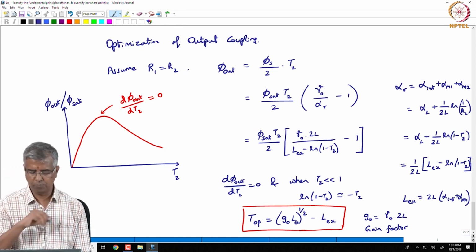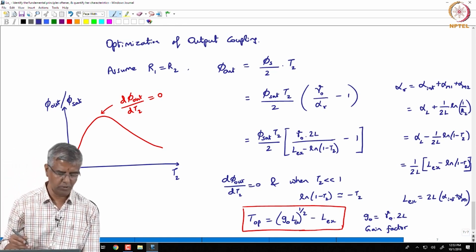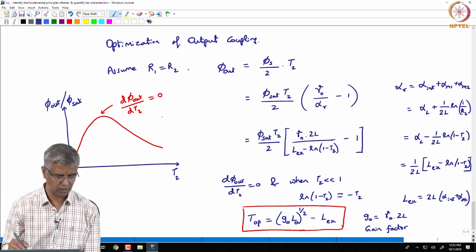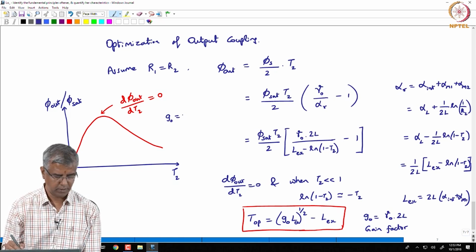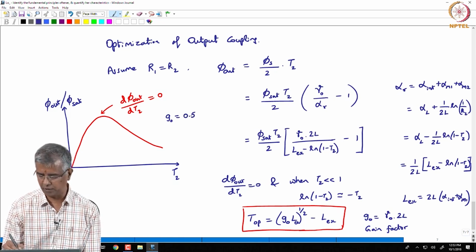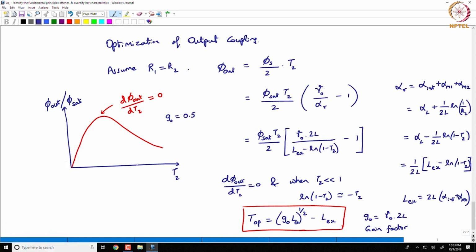Okay. If you look at specific values, these values are used by your book. If we say G naught is 0.5 and Lx corresponds to 2%, which is 0.02, then in that case what we find is this is about 0.1, 0.2, 0.3 and so on.